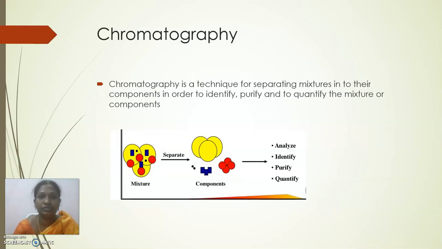First we have to know what chromatography is and how the separation process works. I've already told you it helps in the separation of a mixture of compounds. So chromatography is a technique for separating a mixture into its components in order to identify, purify and quantify the mixture or the components.